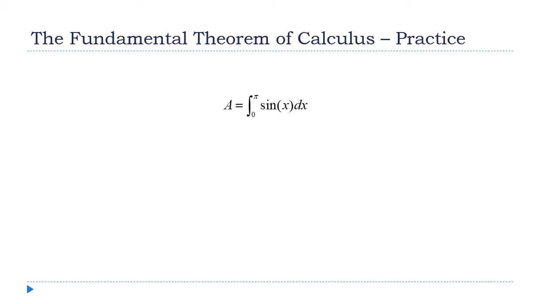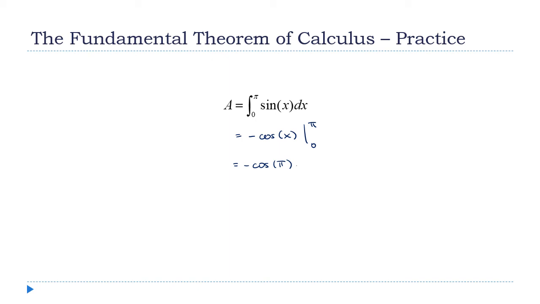Okay, an antiderivative of the sine of x. I'm thinking negative cosine of x. We're going to do this from 0 to pi. So if I put pi in, this is minus cosine of pi. Now here, this fundamental theorem is great, but it involves these negative signs. And there's going to be lots of times where you have to be super careful to keep track of them all.